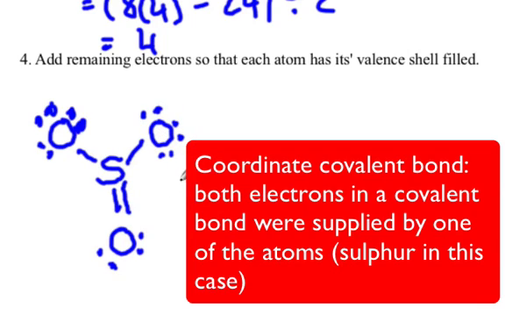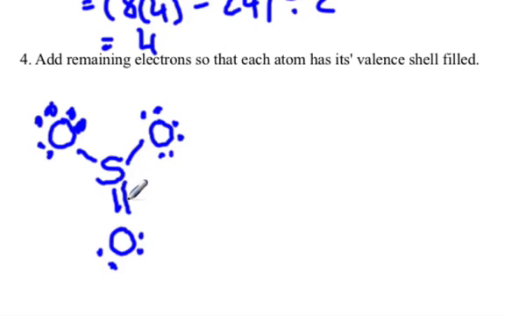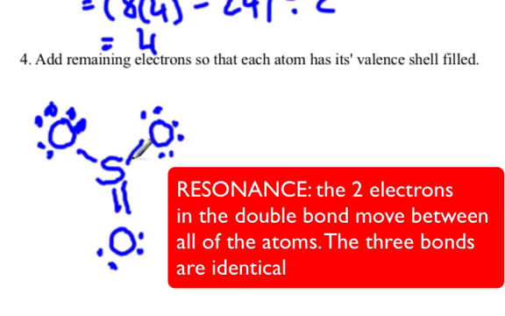And the other thing that's a little special case here is that this double bond does not stay between this oxygen and this sulfur. It actually shifts around so that all of these bonds have a little double bond character, and so the distance between the atoms is identical, and so there is a constant shifting of the double bond, and this is called resonance.